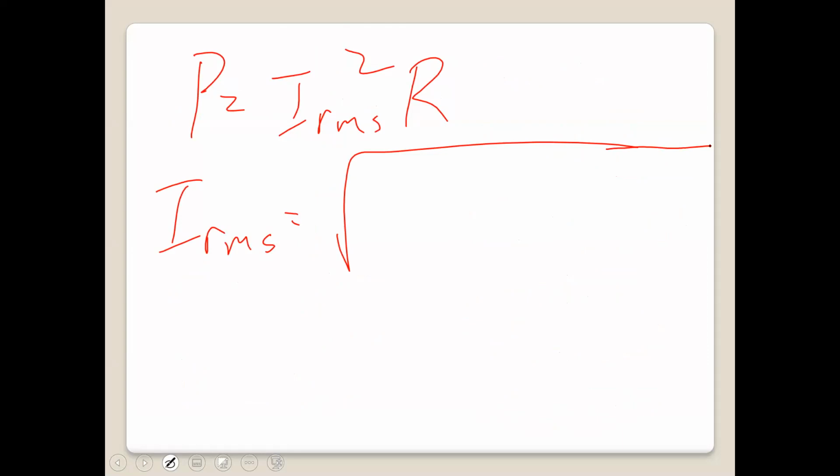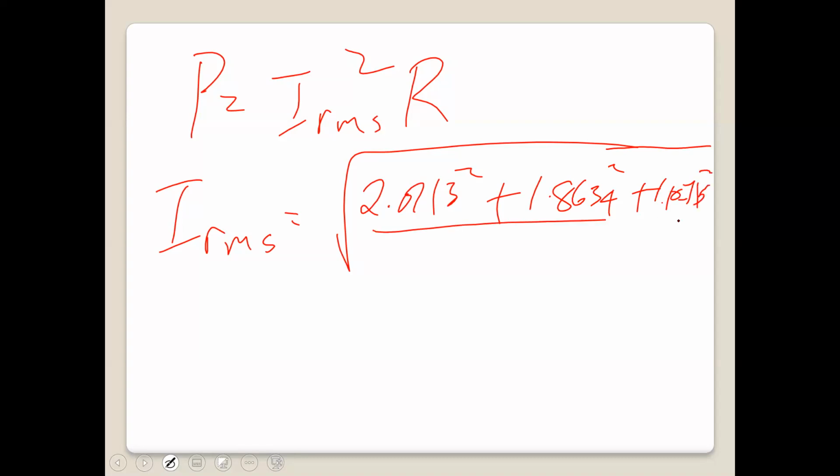And then for the first one, it would be 2.0113 squared plus 1.8634 squared plus 1.10715 squared. Divide that by 2. Define RMS. VRMS.